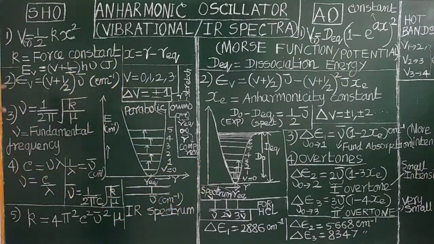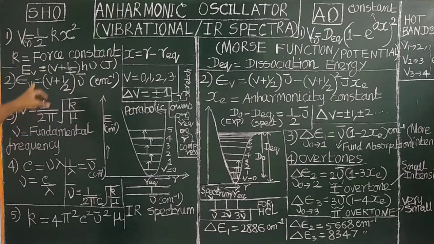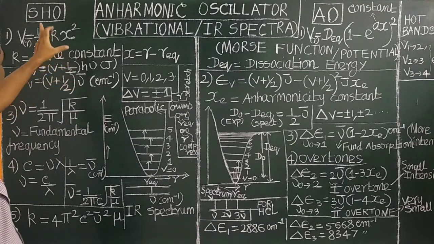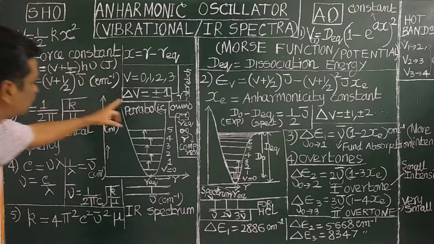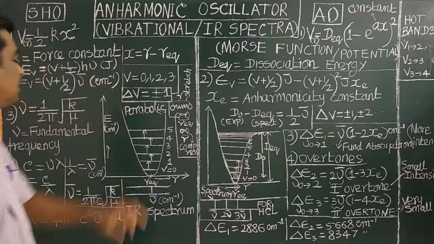By using this potential energy expression, the Schrodinger wave equation for the simple harmonic oscillator can be solved to obtain the energy expression, and from the energy expression the energy levels are obtained. The spectrum is obtained using this energy expression.